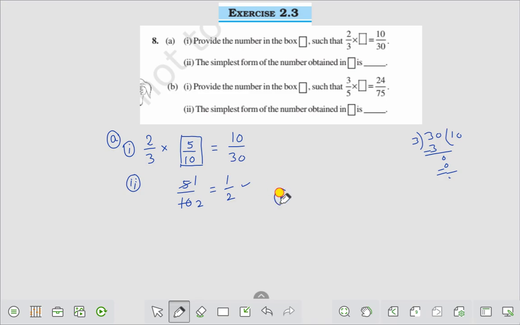Question number B is, provide the number in the box such that 3 by 5 into box is equal to 24 by 75. That is 3 by 5 into, there is a box here, is equal to 24 by 75.